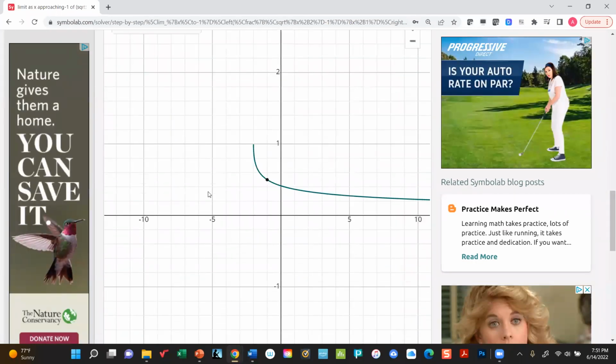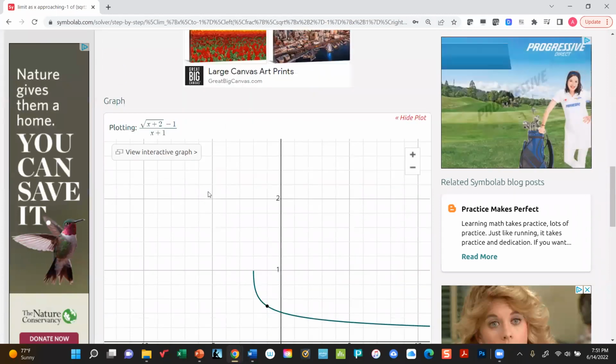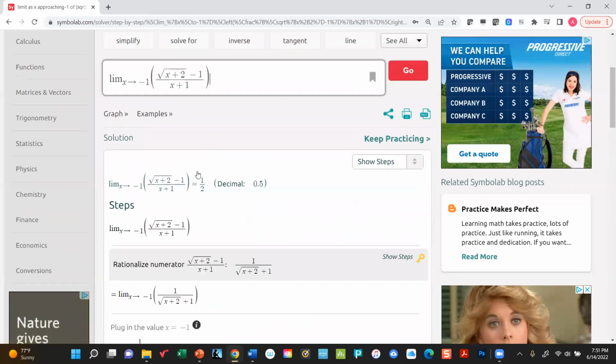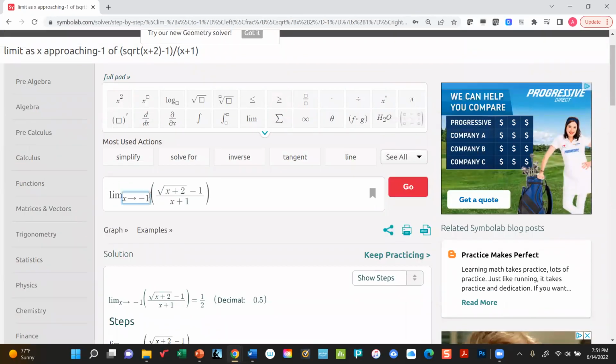Oh, here it is, here's the graph. Now look at that. So we wanted to know the limit, here it is, when x equals -1, the point -1 comma a half. Now, this is the result of the simplification. The original function would have had a hole here. In fact, let's do this.